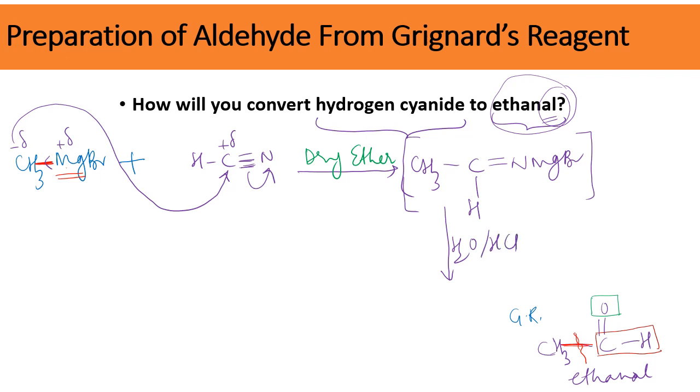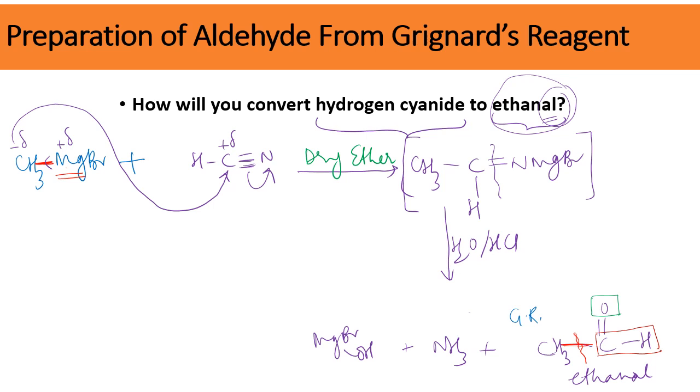You know that this molecule will be broken down into parts, and that CH3CH will be giving you CH3CHO plus ammonia, and the other side product which is formed is MgBrOH. So this is how you can make different types of aldehydes by using SCN and Grignard reagent.